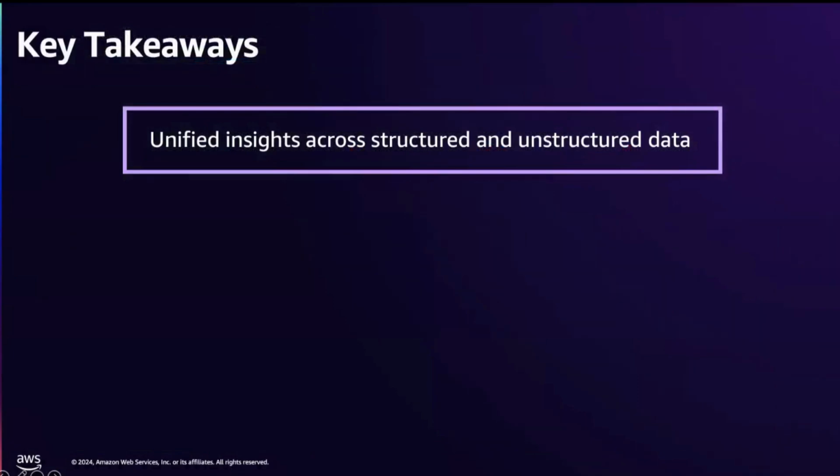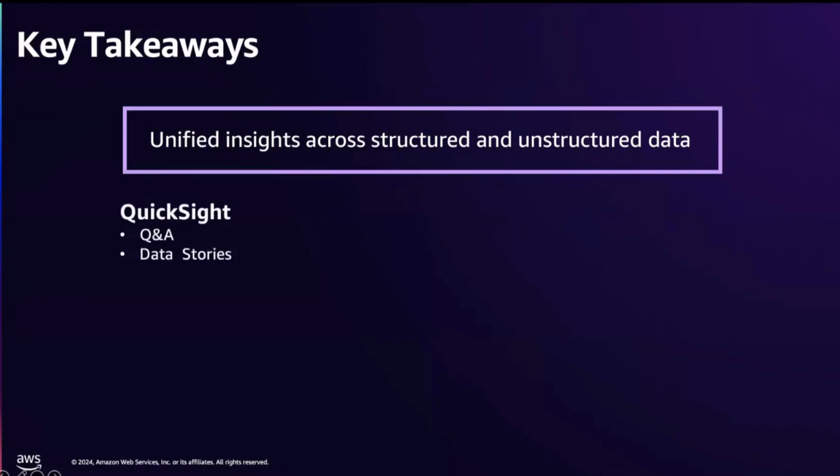Structured with your data sources, databases, data warehouses, data lakes, and your unstructured data with your websites, documents, file repositories, and document repositories. You're able to get these insights within QuickSight in the Q&A experience. So as a user, you're able to ask those questions in context. You're able to get that information from your unstructured data.